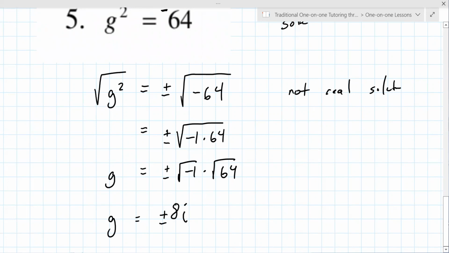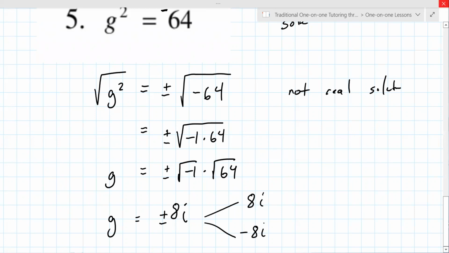That 8 generally goes before the i. So that's the 2 solutions, 8i and minus 8i, like that. And in your next chapter, you're going to end up going backwards using these solutions. But for now, we'll just go with that.